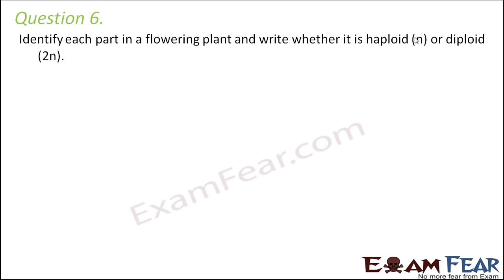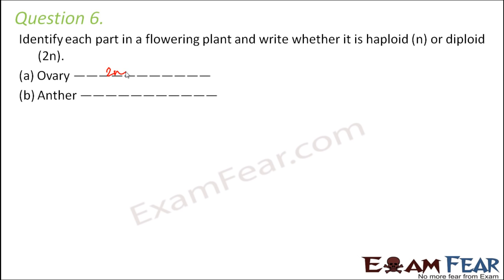Question number 6. Identify each part in a flowering plant and write whether it is haploid or diploid. So here we are given some of the parts. Ovary. So ovary is diploid. As I said, all the cells of the body are generally diploid except for the sex cells. Anther is again diploid. Egg.